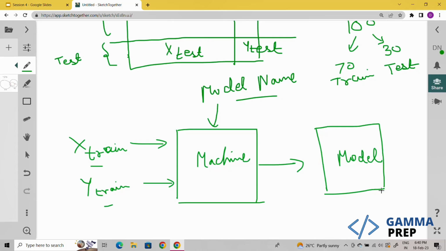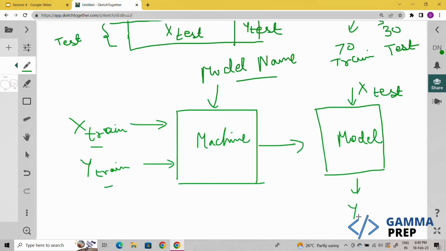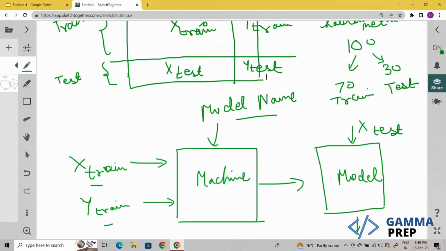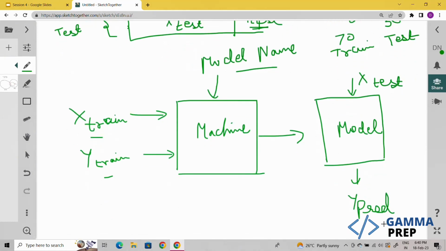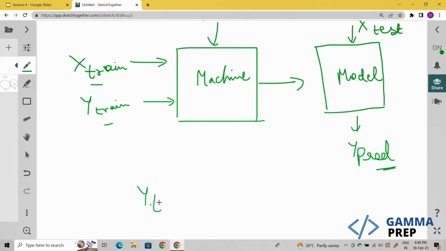Now once this model is built, you provide X test to it, only X test. And now you say to the model, since you have already learned from the training data, make predictions for X test. And it will make the predictions, let's say Y pred. Now we already have the actual answers for X test with us, which is Y test. And we have also got the predictions from the model, which is Y pred. Now we can compare Y test and Y pred.